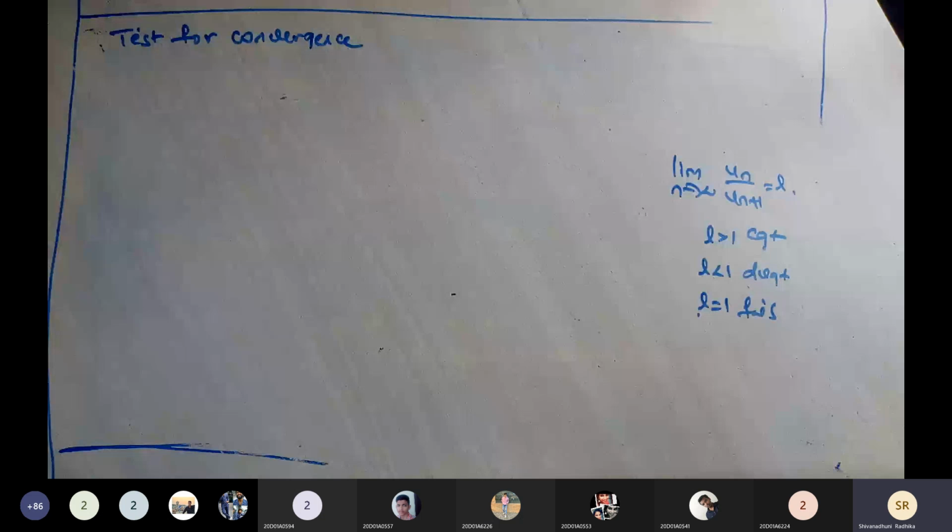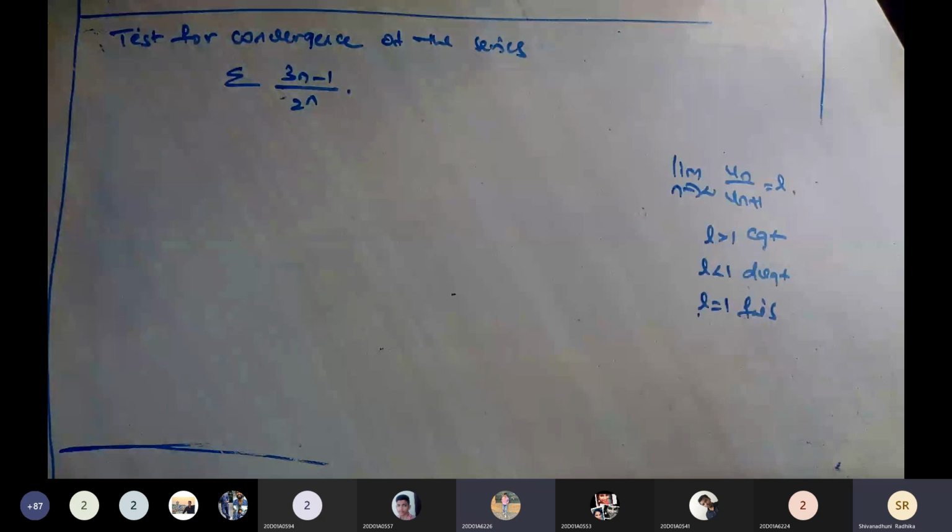Test for convergence of the series: the nth term, summation of 3n minus 1 by 2 to the power of n. Is it clear, all of you?